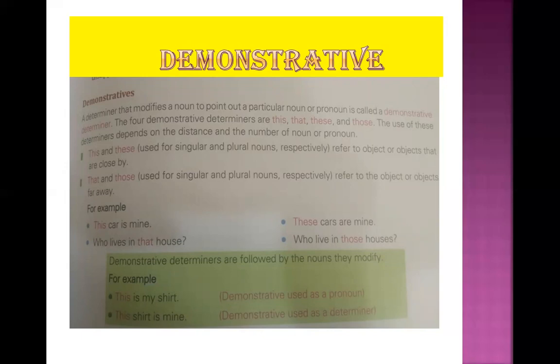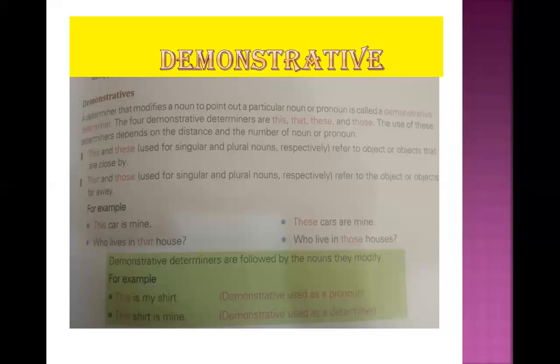The use of these determiners depends on the distance and the number of nouns or pronouns. This and these are used for singular and plural nouns respectively, referring to the object or objects that are close by. That and those are used for singular and plural nouns respectively, referring to object or objects far away.